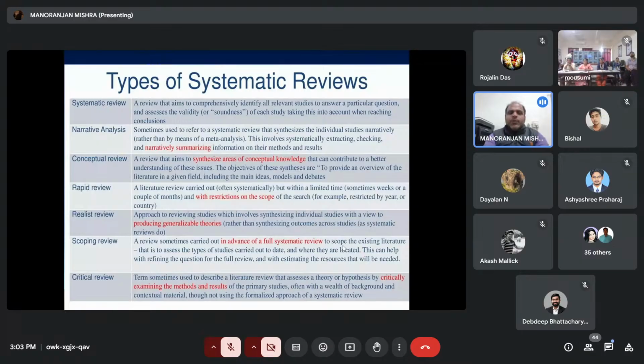When I say systematic review, it is a review that aims to comprehensively identify all relevant studies to answer a particular question and assess their validity. Keep in mind that when I am doing a systematic review, it is a quality review. When I say narrative analysis, it is sometimes used to refer to a systematic review that synthesizes individual studies narratively rather than by means of meta-analysis.